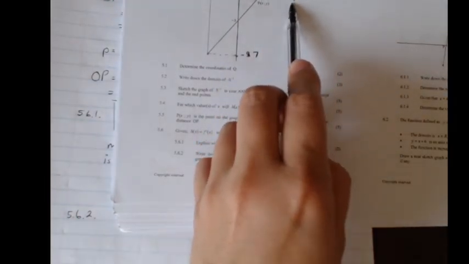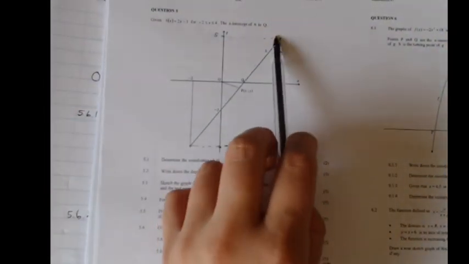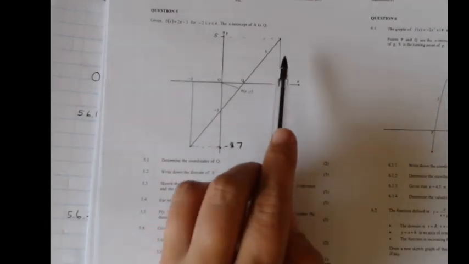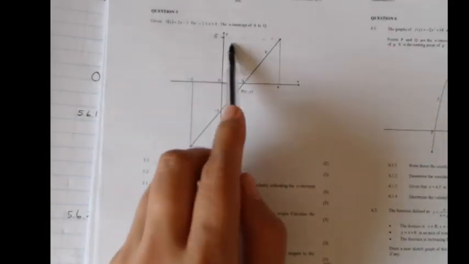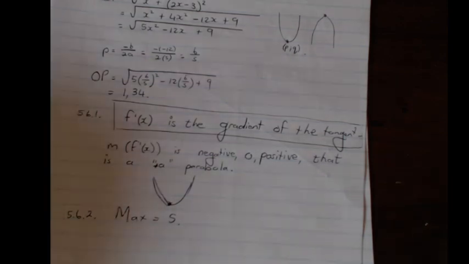Okay, that's the maximum gradient. If they asked for the maximum point, you actually need to substitute the x value 4 into the function, but I don't have the function, I just have the gradient. This is my gradient. The maximum gradient is going to be 5. Okay, that's question 5.